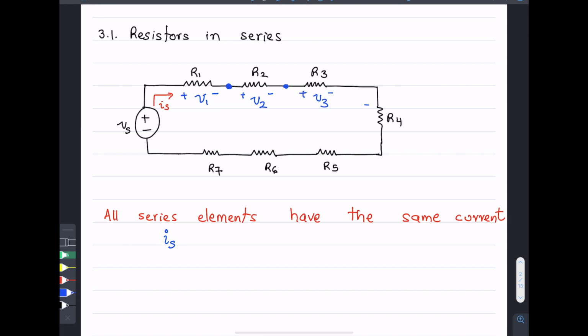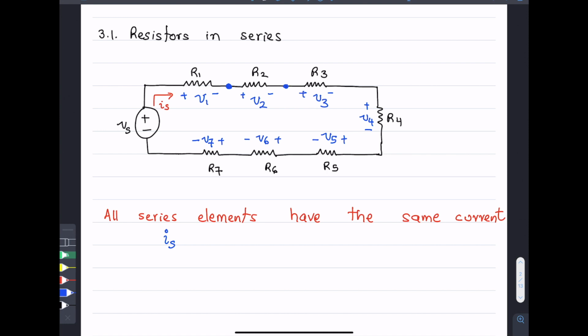Each of these resistances has separate, different values, V5, V6, and V7. So the voltage dropped across each of these resistances is different.